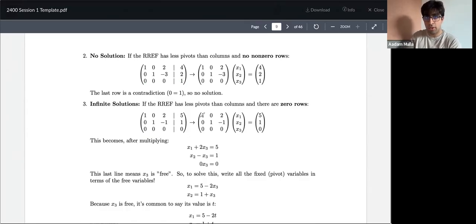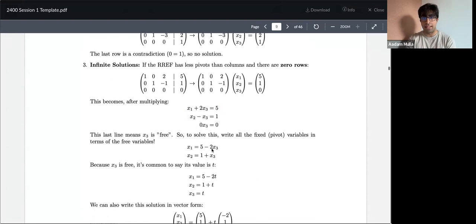So this is what we saw before. With writing infinite solutions, it always helps to multiply it out. So we take this matrix and turn it into its multiplied form. This one sets a restriction on x1 and x3.